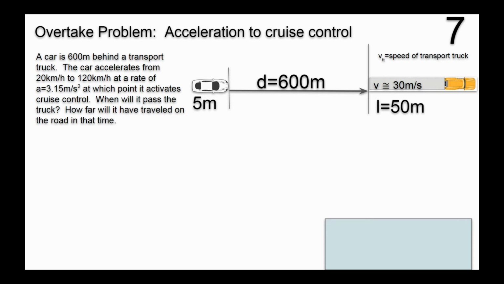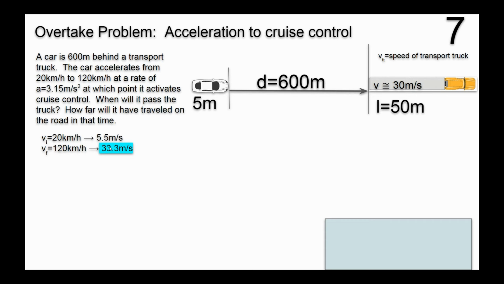Let's itemize what we've been given. We know the speed starts at 5.5 meters a second and it continues to a peak speed of 33.3, which will persist throughout the problem. Given that this car's final speed is slightly higher than the truck's constant speed, the car will definitely intercept at some point.